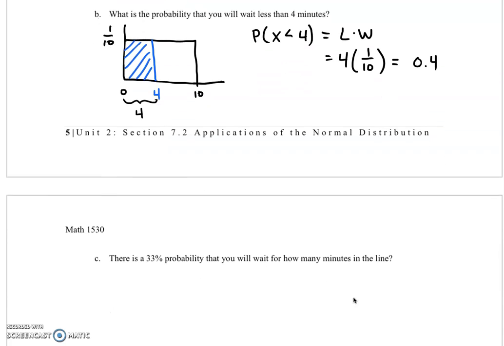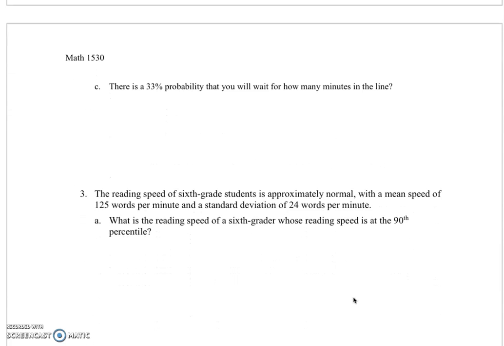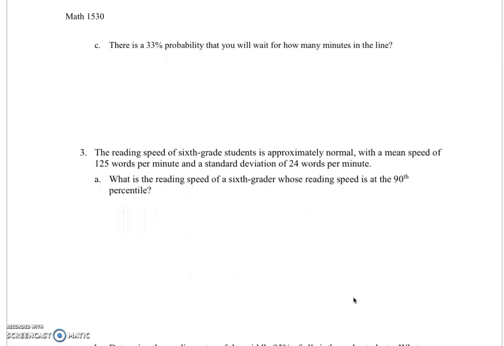All right. Part C. There's a 33% probability that you wait for how many minutes in line? So this time we have to find the x value because we know the probability.